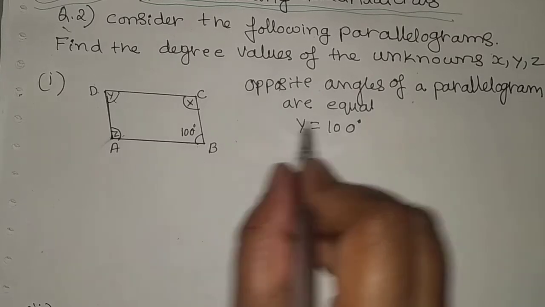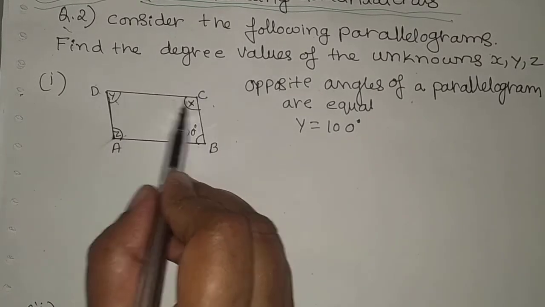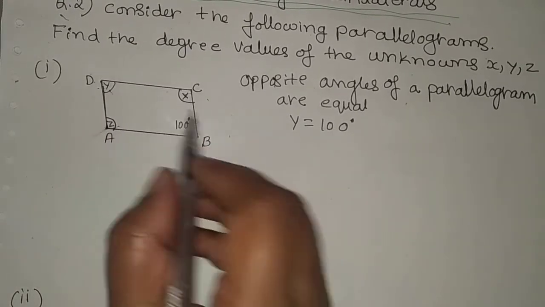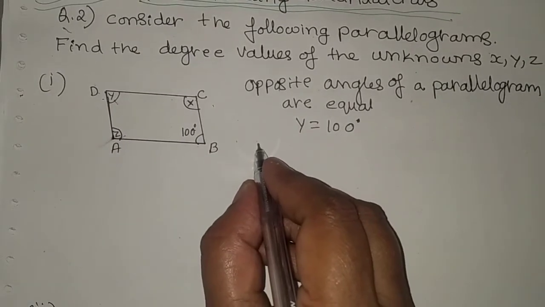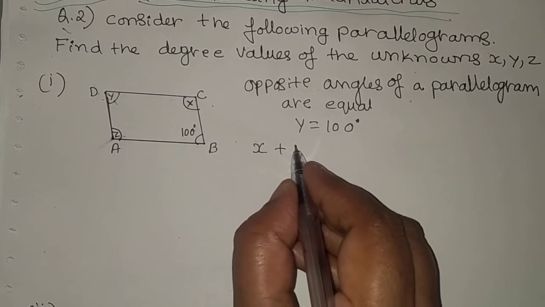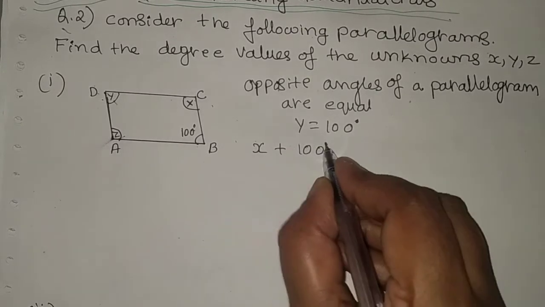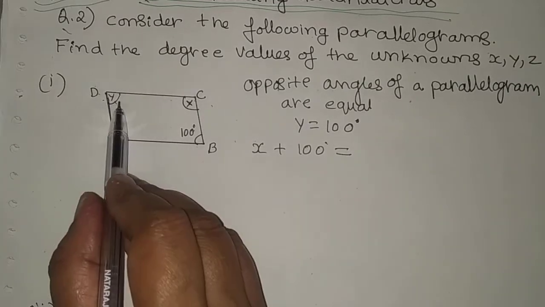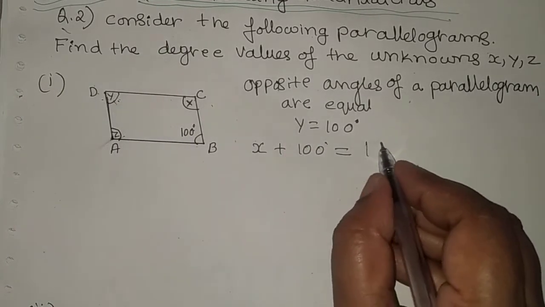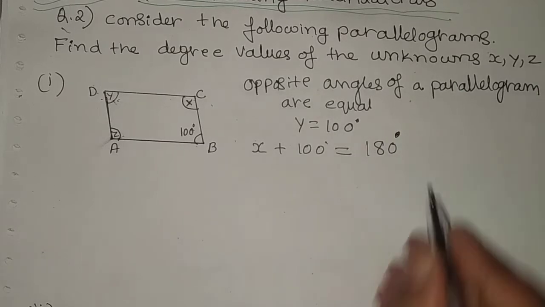Therefore x plus y: these two are neighboring angles, so they are adjacent angles in a parallelogram. Therefore x plus 100 is equal to 180 degrees.